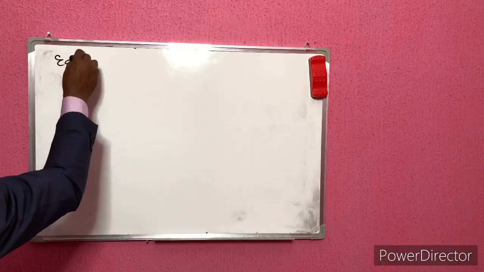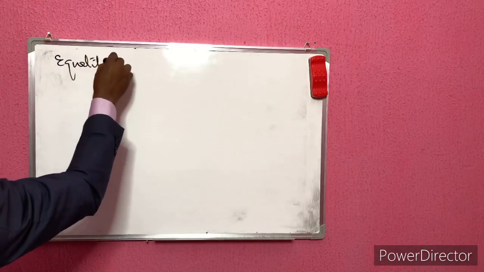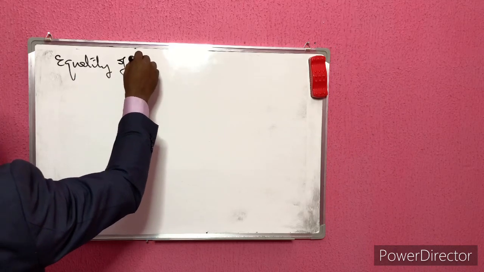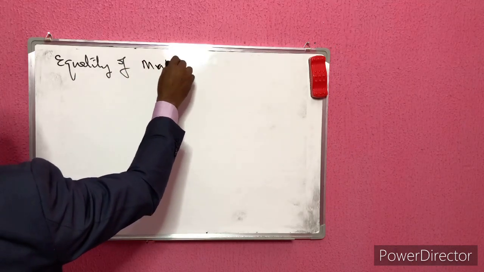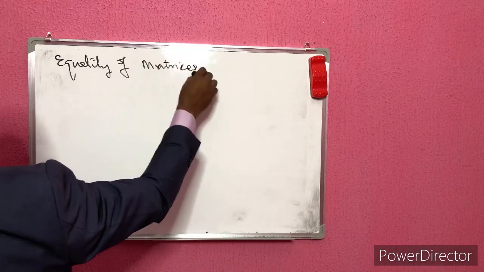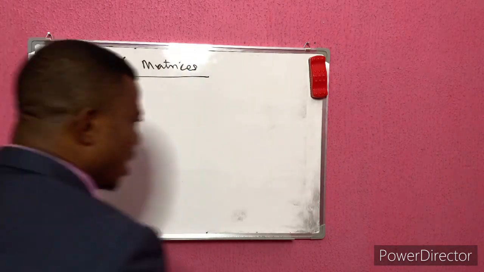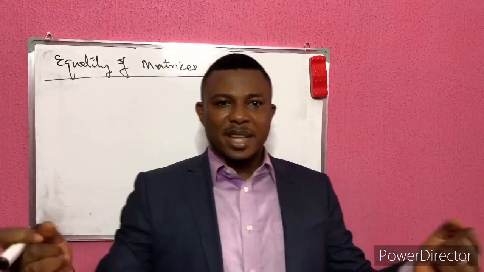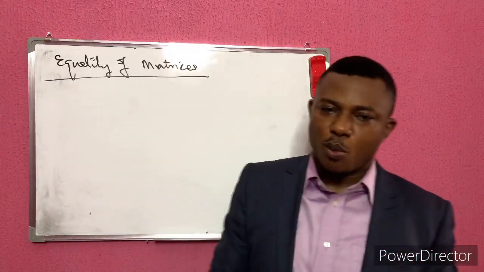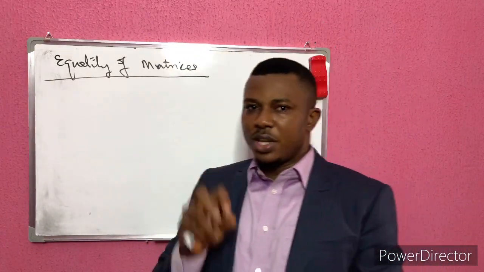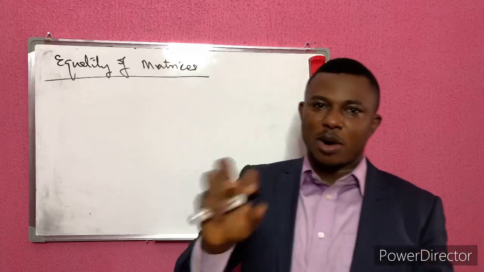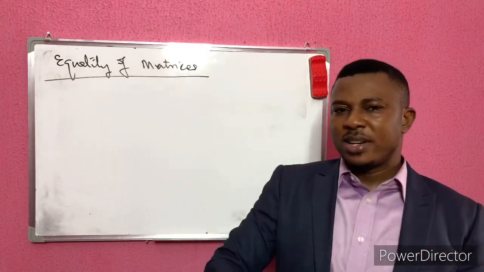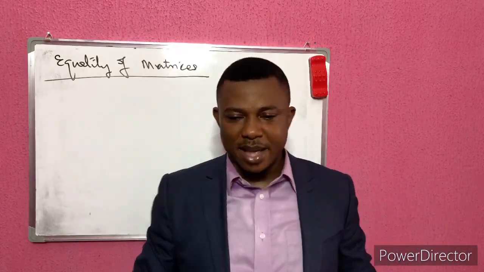Equality of matrices. Two given matrices are said to be equal if and only if they are of the same order and the corresponding elements are the same.